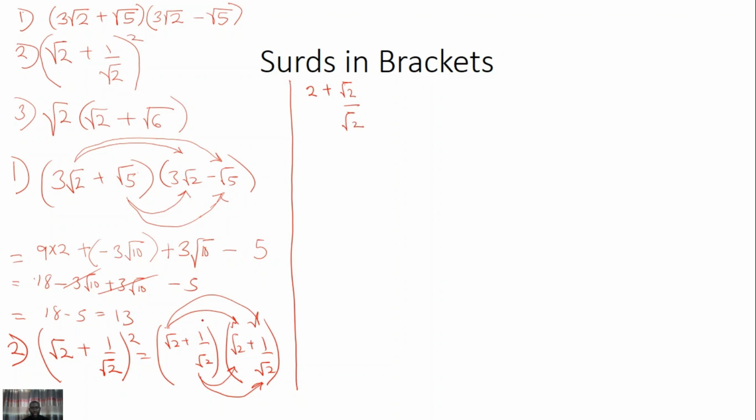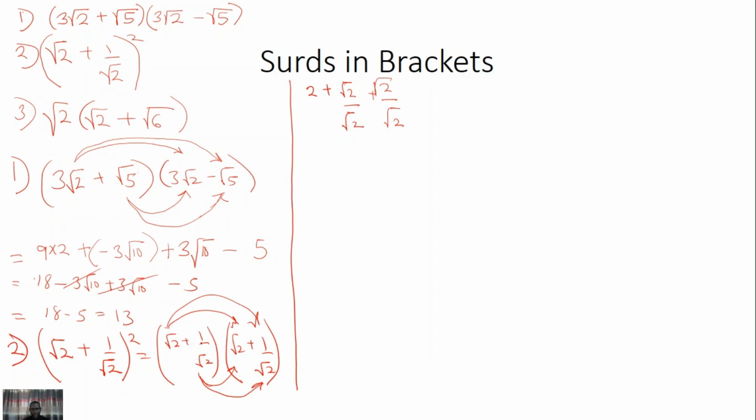Then next, this times this, that will be plus root 2 all over root 2, okay, as we are multiplying this by this now. 1 over root 2 times root 2, that's what gives us root 2 over root 2, okay.